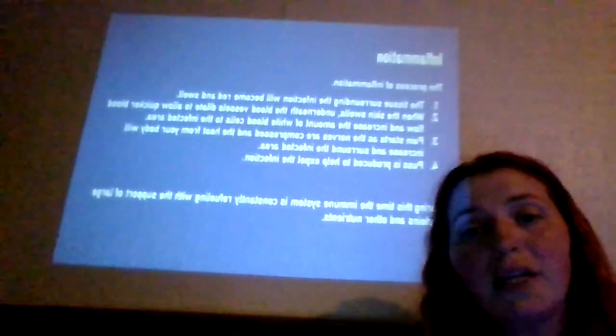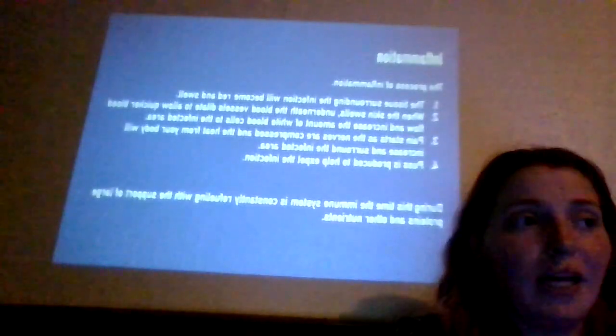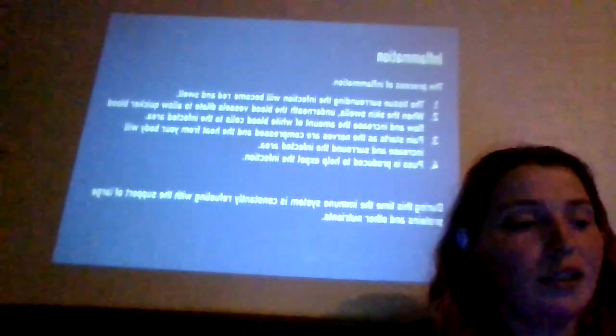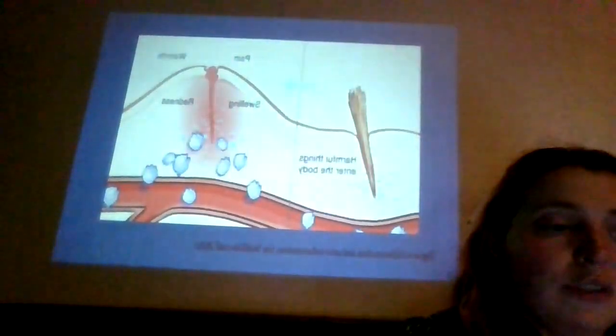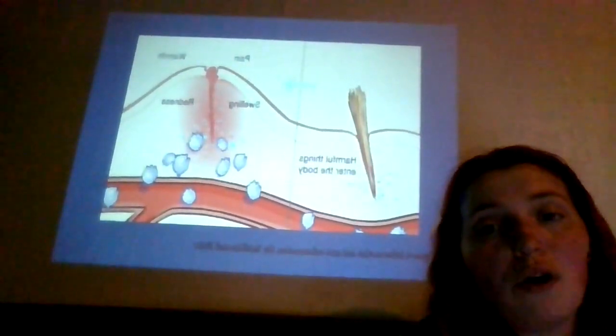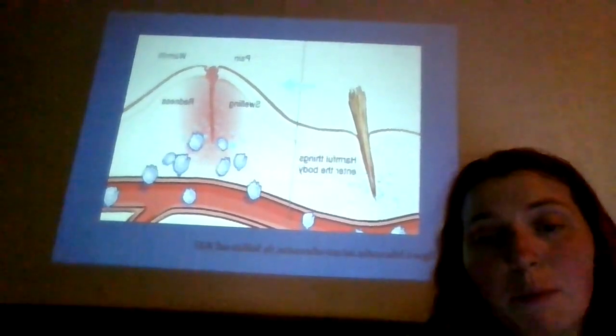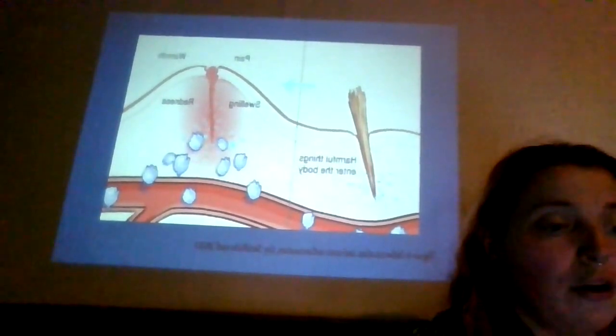It will become red, very painful and very warm. This is due to the fact that your blood vessels, which contain heat, will dilate and allow the blood to flow quicker to the site that it needs to respond to. So this is more of a visual of what happens during the process of inflammation.